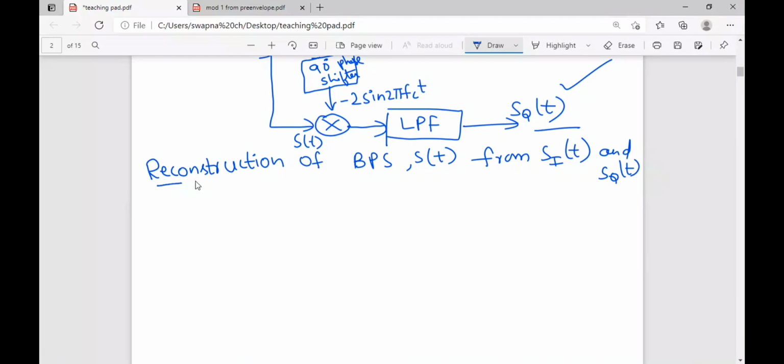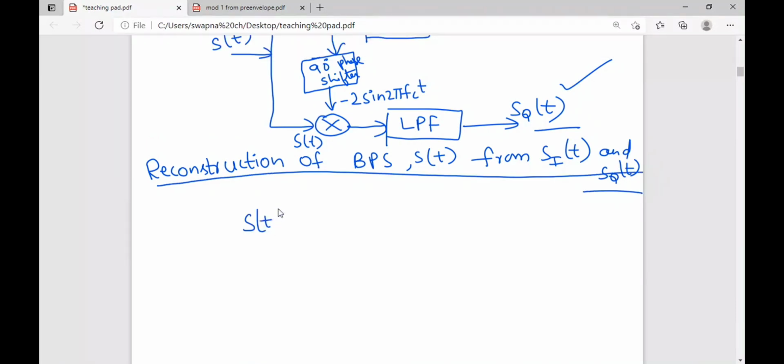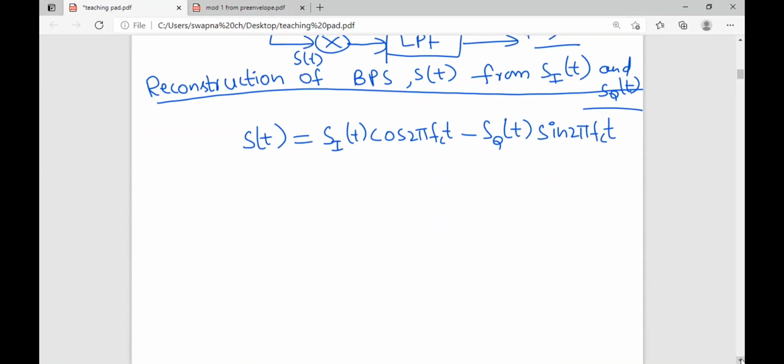Here you already know the canonical equation of bandpass signal S of t, which is nothing but Si of t into cos 2 pi fct minus Sq of t sin 2 pi fct. You need not do any further mathematical simplification.